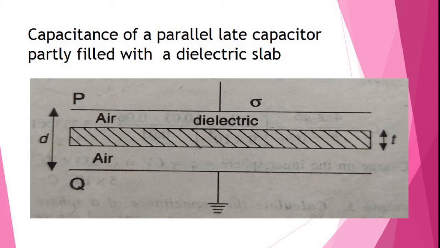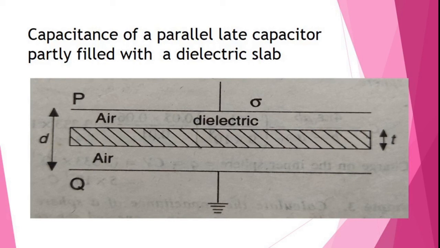Now we are going to find out the capacitance of a parallel plate capacitor partly filled with a dielectric slab. Here you can see two plates P and Q separated by a distance d, and in between these plates a dielectric slab of thickness t is introduced, and the remaining portion is obviously air.